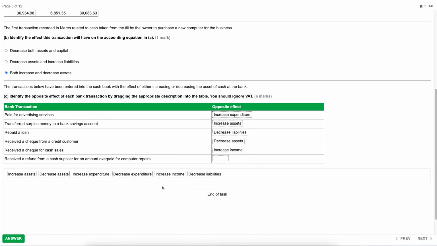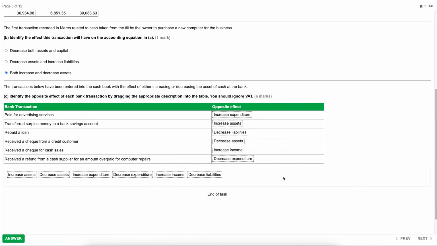And we'd also have to decrease our expenditure, because at the minute our computer repairs account is showing too high an amount for the expense, because we didn't actually have computer repairs for that particular value. It was lower than what we had originally recorded. So the correction would be that it would decrease our expenditure.